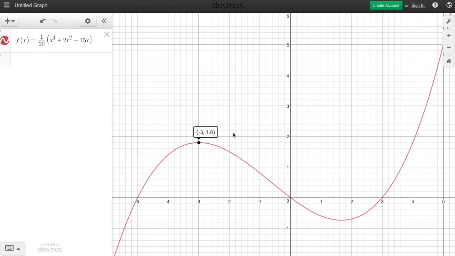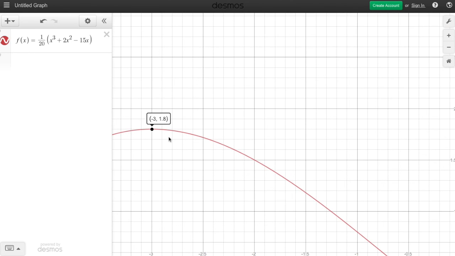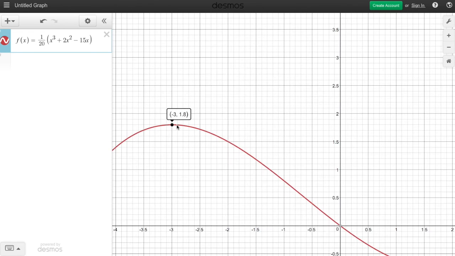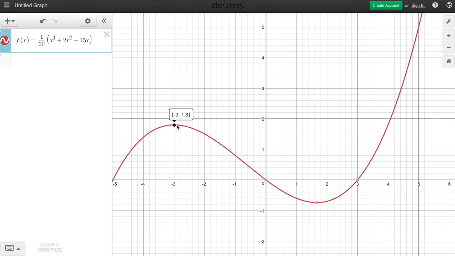When I plug our function into Desmos, I do get negative 3, 1.8, or negative 3, 9 over 5, as our local maximum. And as I zoom in and move to the right, our y value begins to decrease, which would mean our IROC would begin to decrease. So therefore, negative 3, 1.8 is our maximum of our function.